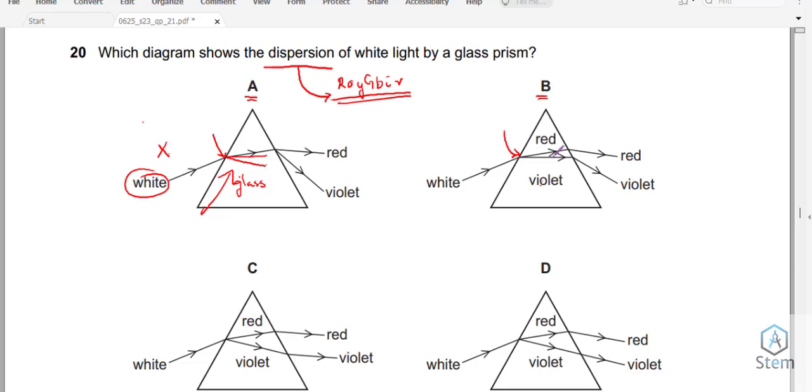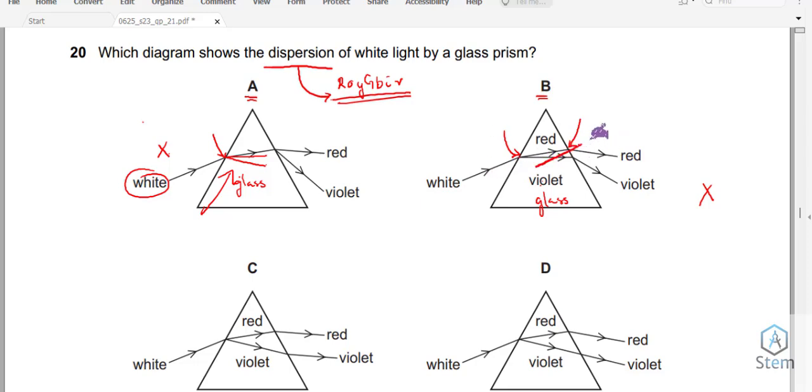And we go to this boundary. We are now moving from glass to medium X. At that boundary, we want to see light moving towards the normal or away from the normal. So both rays must do the same thing.